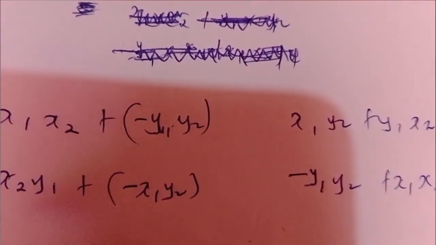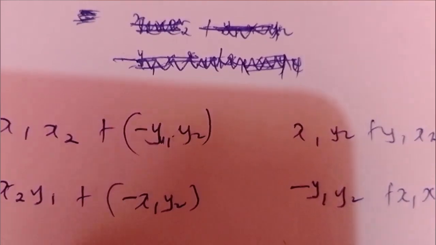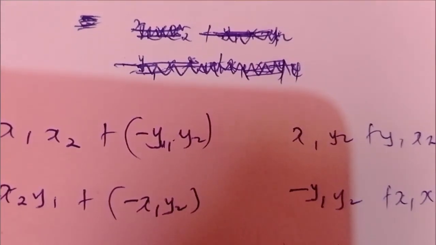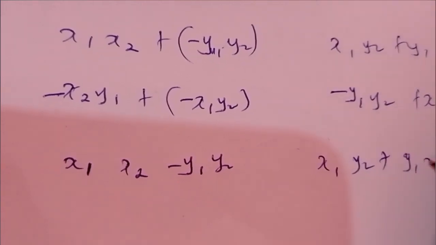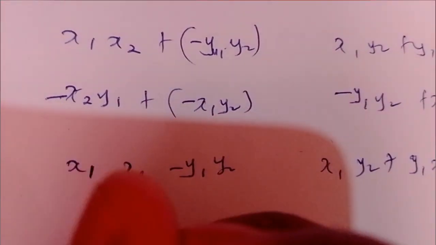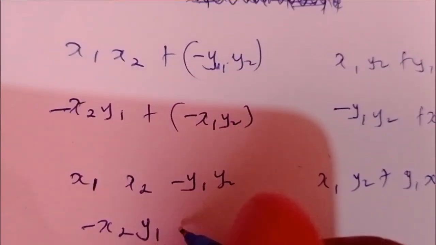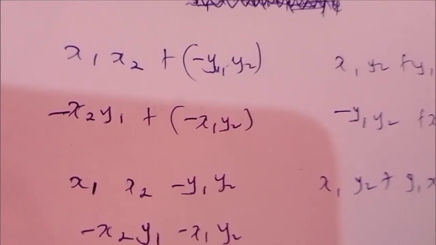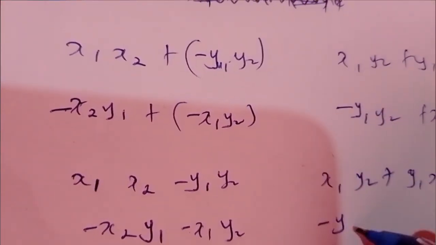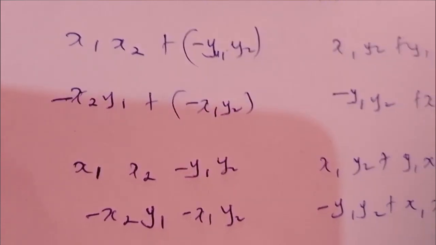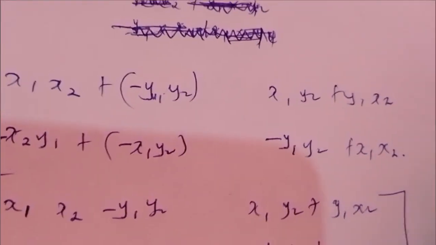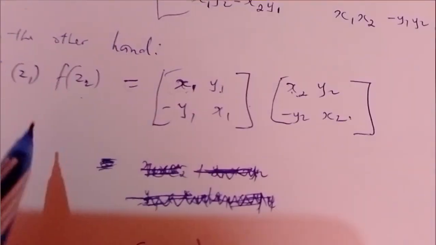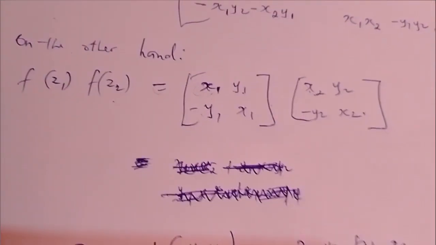Now you have x1 x2 minus y1 y2, x1 y2 plus y1 x2, then negative x2 y1 minus x1 y2, and x1 x2 minus y1 y2 as f(z1) f(z2).